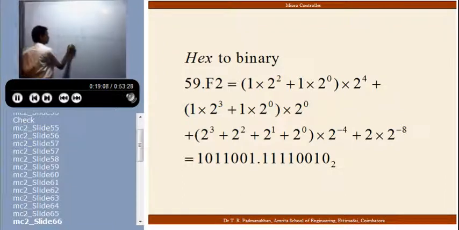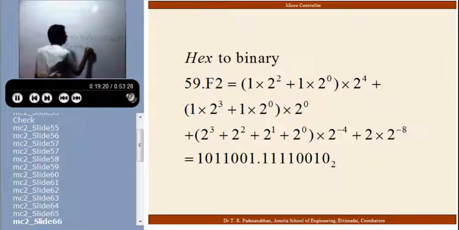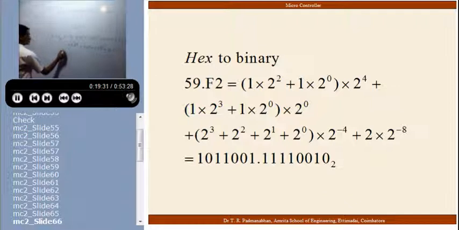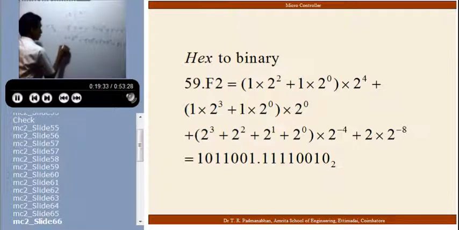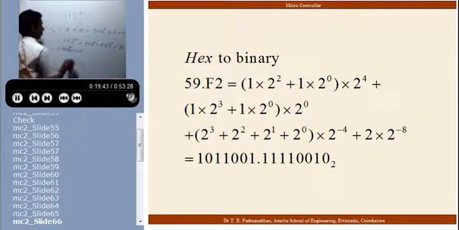Now, this is equal to 5 into 2 raised to 4 plus 9 into 2 raised to 0 plus F into 2 raised to minus 4 plus 2 into 2 raised to minus 8. This 5 is nothing but 0 plus 2 raised to 2 plus 0 plus 2 raised to 0.